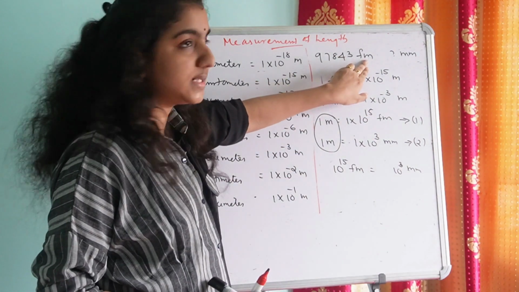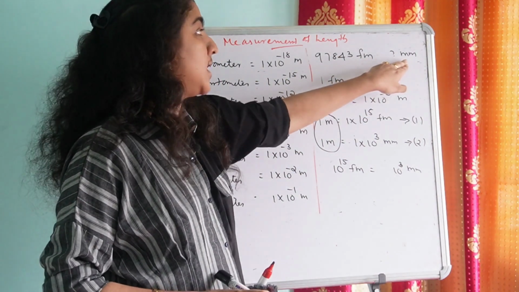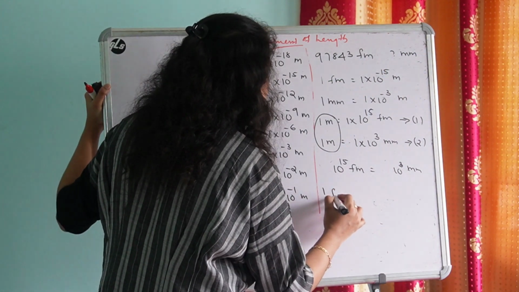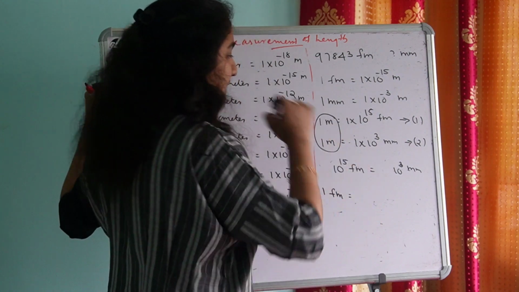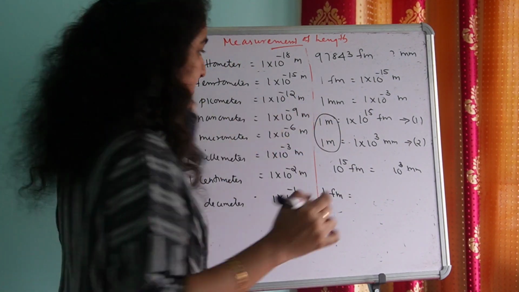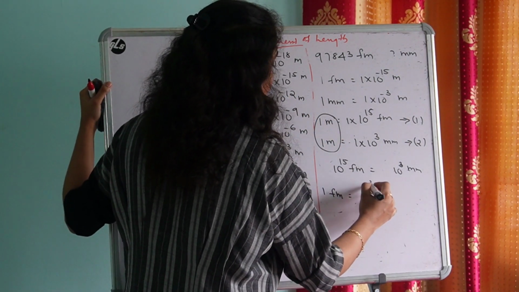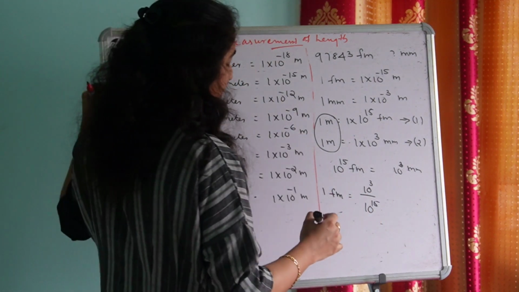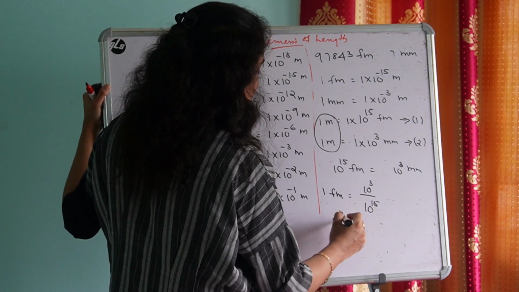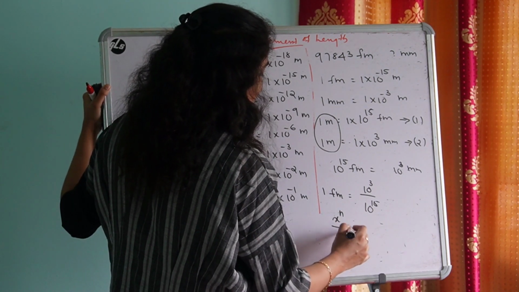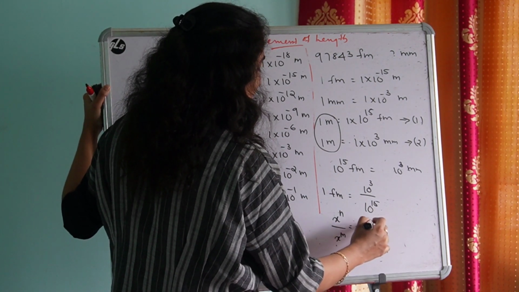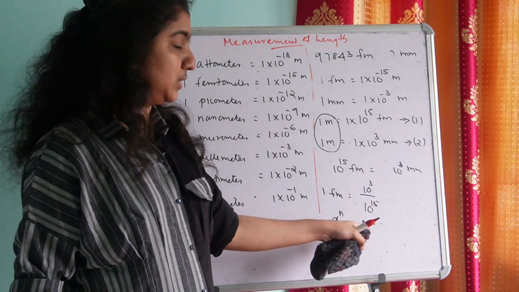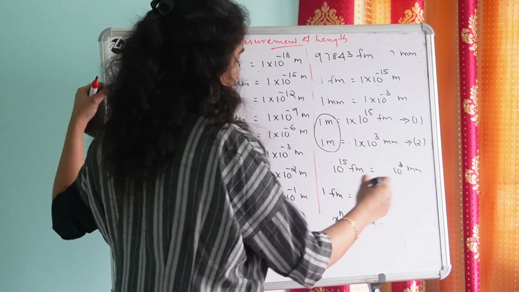Since the value is given in femtometer and you are asked to find the value in millimeter, we have to find what 1 femtometer is equal to in millimeters. So 10 cube divided by 10 power 15. Again, there is a rule in maths: x power n divided by x power m is equal to x power n minus m.